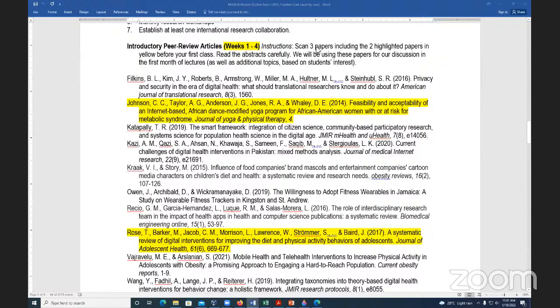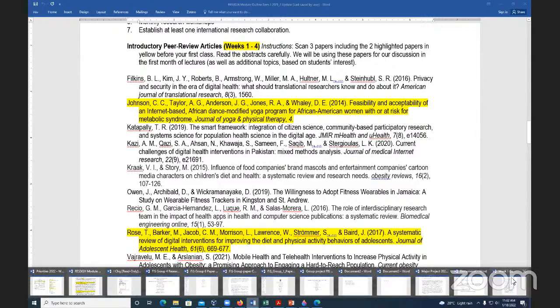So scan 3 or more papers, and I was very specific: read the abstract and scan as much of the papers as you like, so you have some idea what the paper is about. So 2 out of these and 1 more.